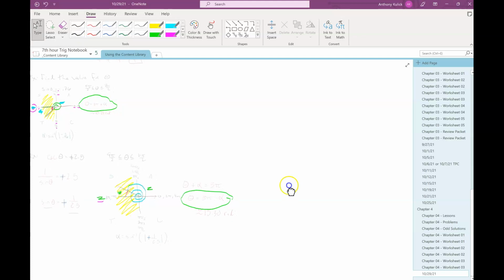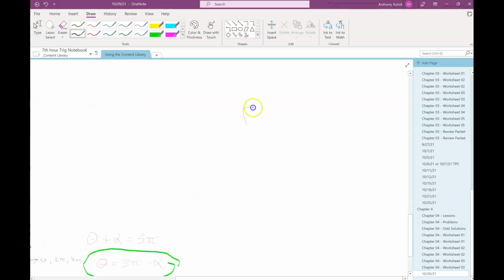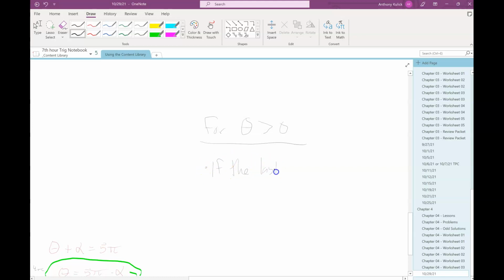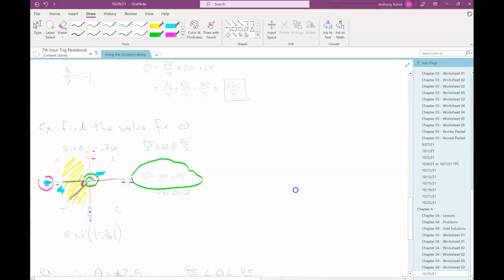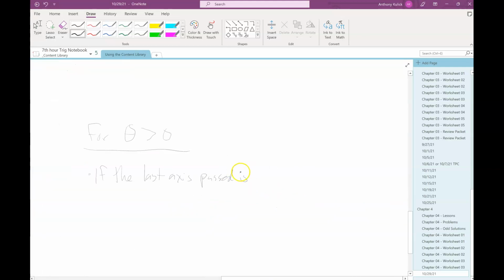There is a way to predict that. If theta is a positive value, and the last axis you pass when drawing your theta is horizontal, we're going to be adding alpha.